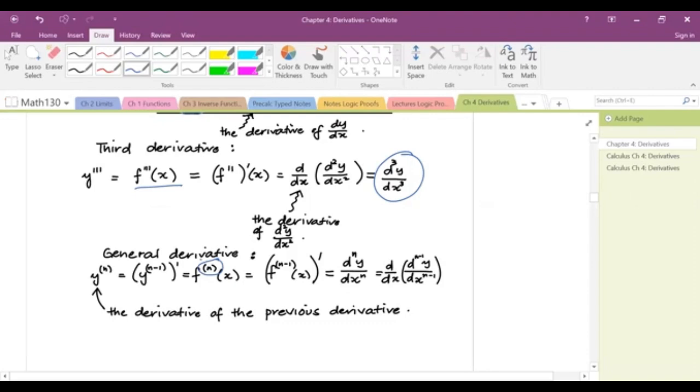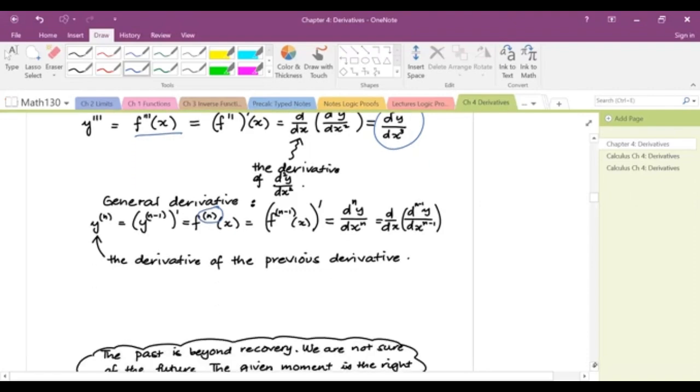Just as an aside here, it's important to distinguish between the derivative. If we want to write the nth derivative of f, we put a little superscript n in brackets. For example, if we wanted to write the fourth derivative, after 3 we can use Roman numerals, so the fourth derivative with respect to x.